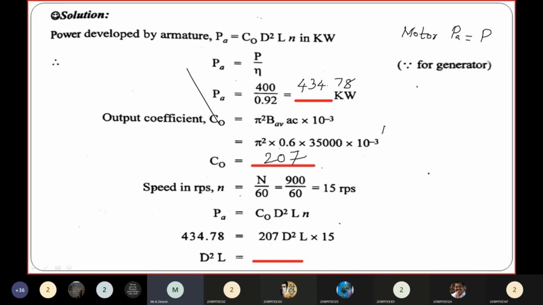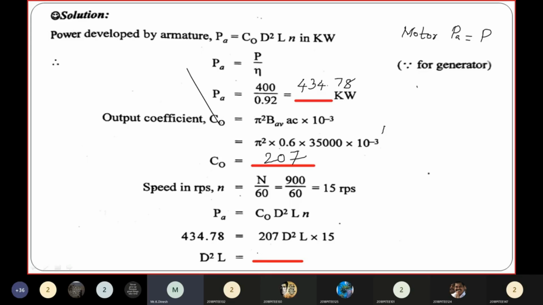So we know the expression PA equal to C naught D square L N. PA is 434.78 and C naught is 207. D square L is unknown, into 15. So what do you get? 434.78 divided by 207 into 15. I am getting 0.14.